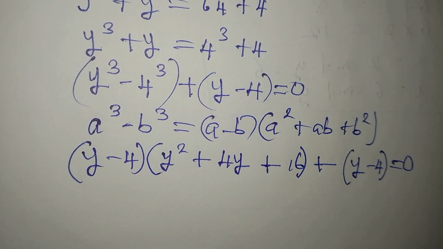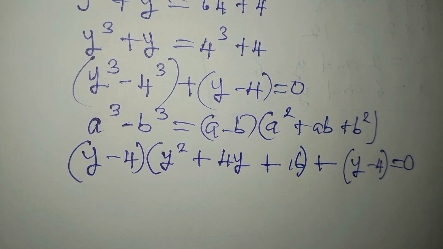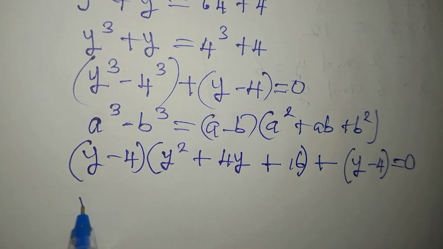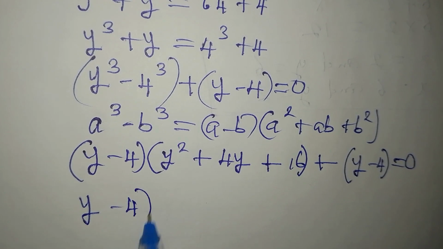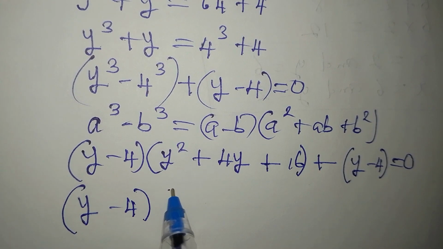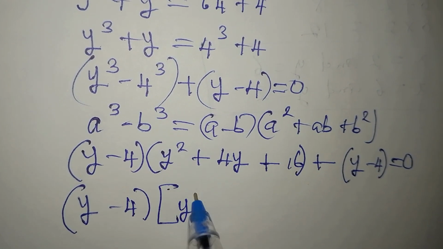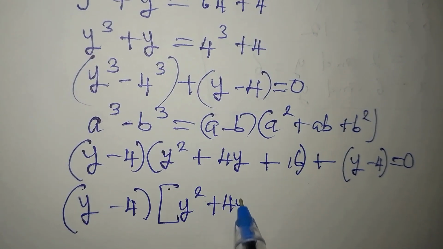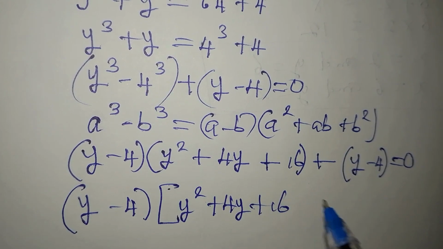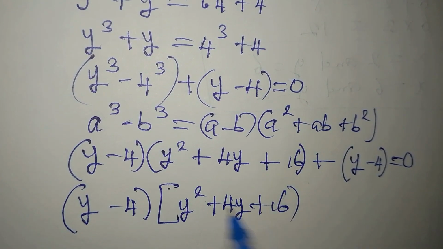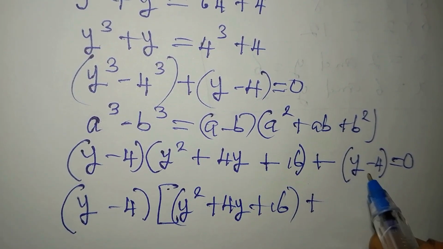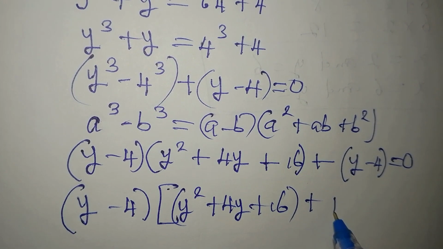From here, we have something common. y minus 4 is here, y minus 4 is there. So I'll bring out y minus 4 as a common factor. Then here I'll have y squared plus 4y plus 16. Okay, then we have plus this divided by this will give 1 over here.